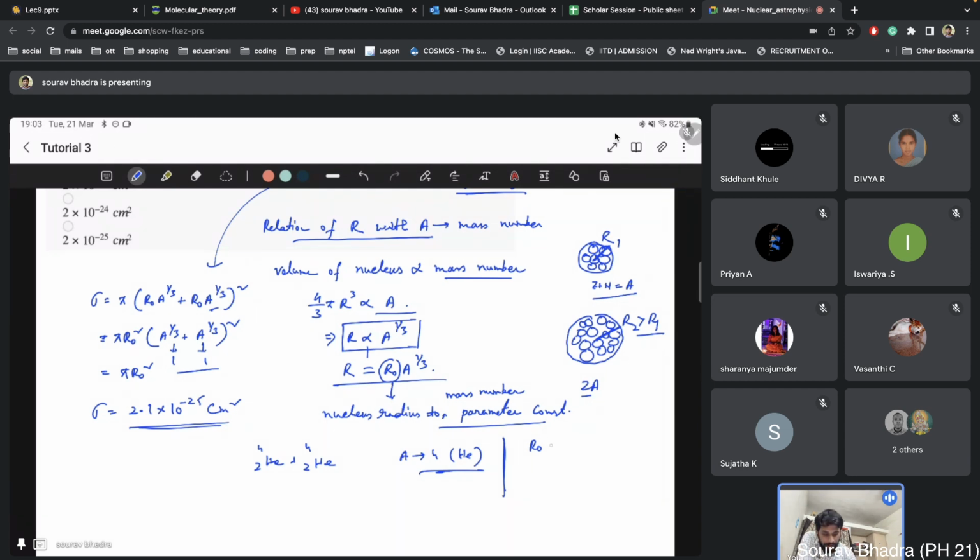So r0 has a range from 1.1 to 1.5 fm. I forgot the exact name of fm, but it is actually 10 to the power minus 15 meter.